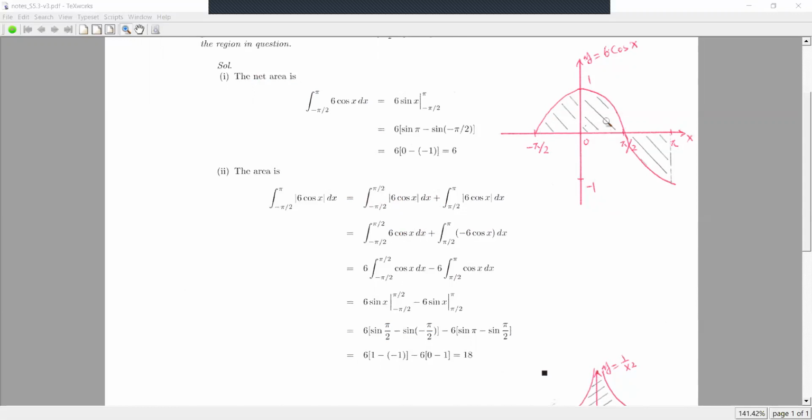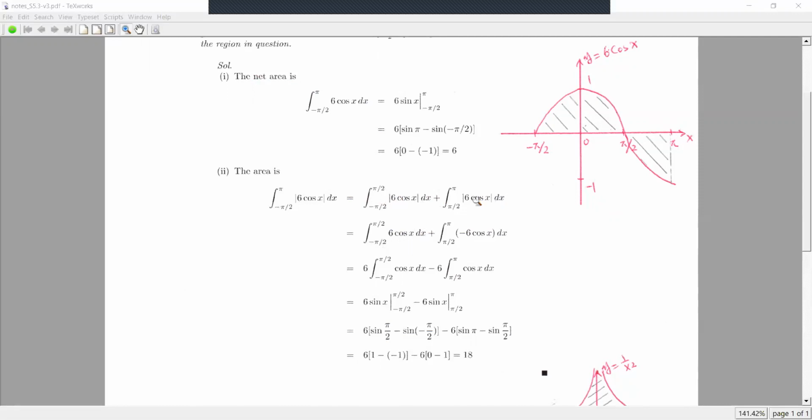On this interval, the function is positive. So the absolute value of a positive function is the function itself. Absolute value has no effect on a positive function, so I can directly remove it.